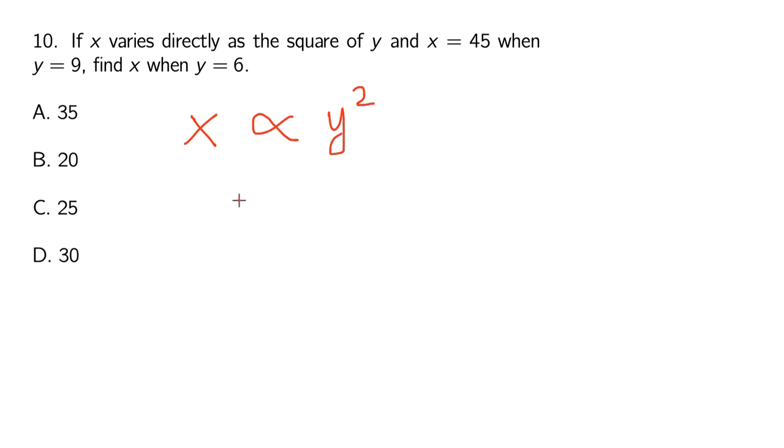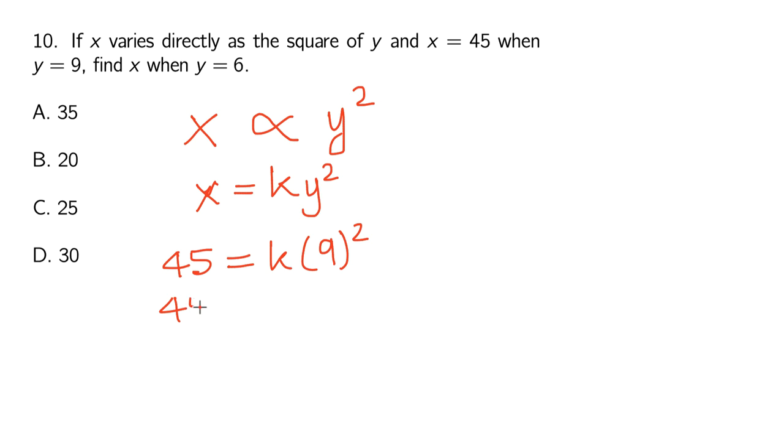And then we can write an equation by introducing a constant. So if we introduce a constant of proportionality k, then we have x equals ky squared. We are told that x is 45 when y equals 9, so k times 9 squared.